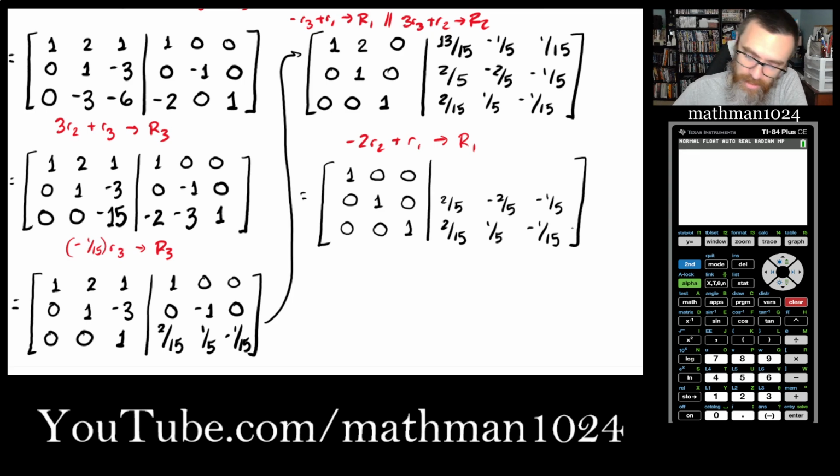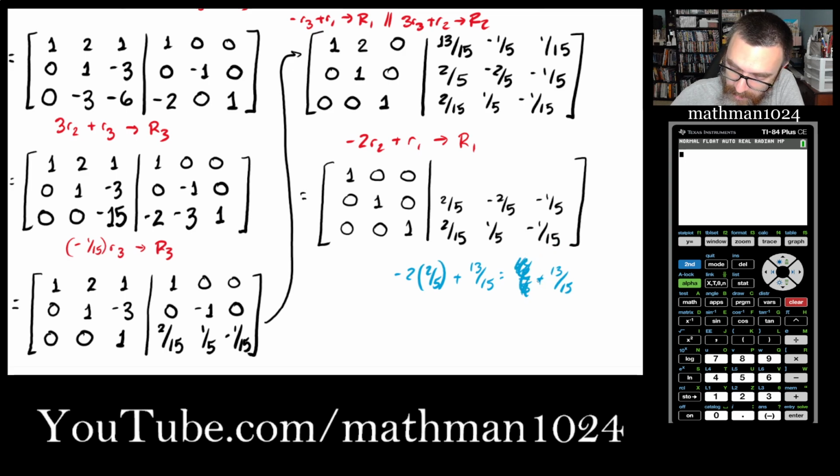So we need to do negative 2 times 2/5 plus what's in the top one above that. So that's 13/15. So negative 4/5 plus 13/15. Well, this guy becomes negative 12/15. So that's 1/15.